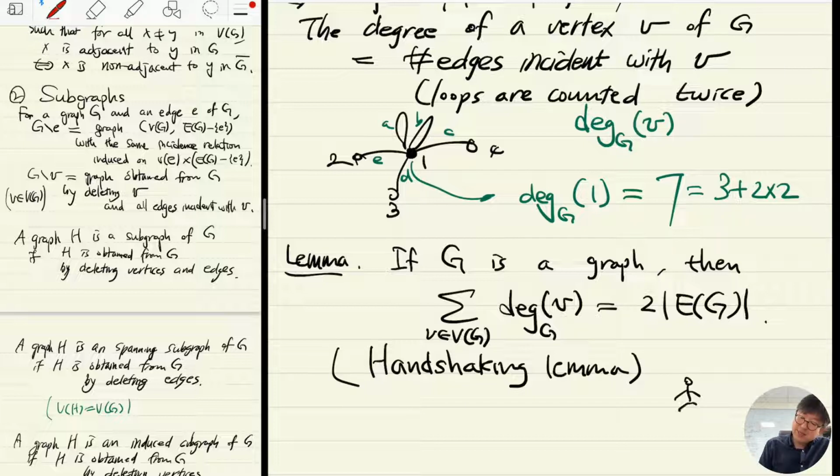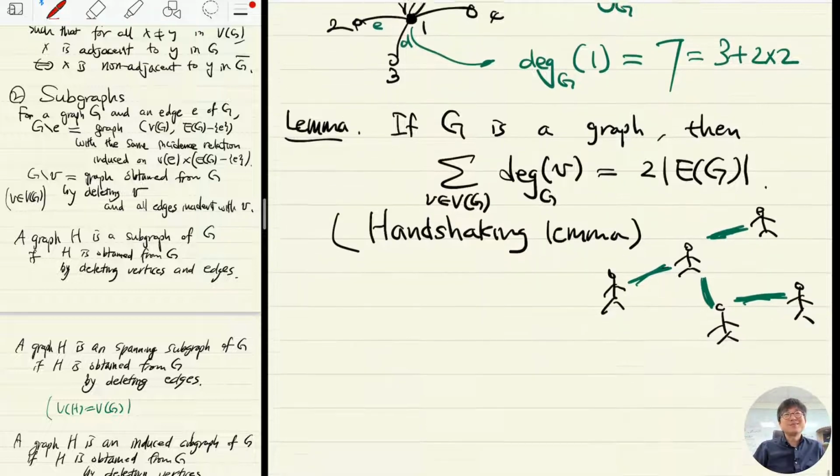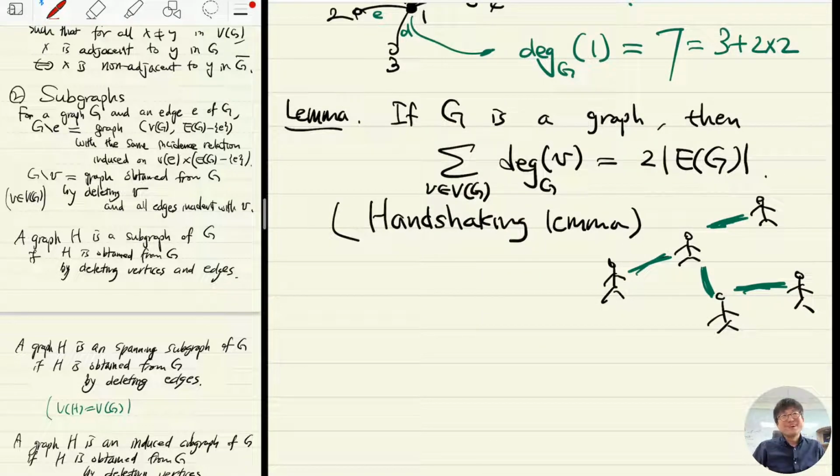Because if you have many people at a party and some pairs of people did some handshaking, some pairs didn't, and then later after the party, each person thinks of the number of times they shook hands with someone else, and from that information you can get the total number of times people shook hands, right?